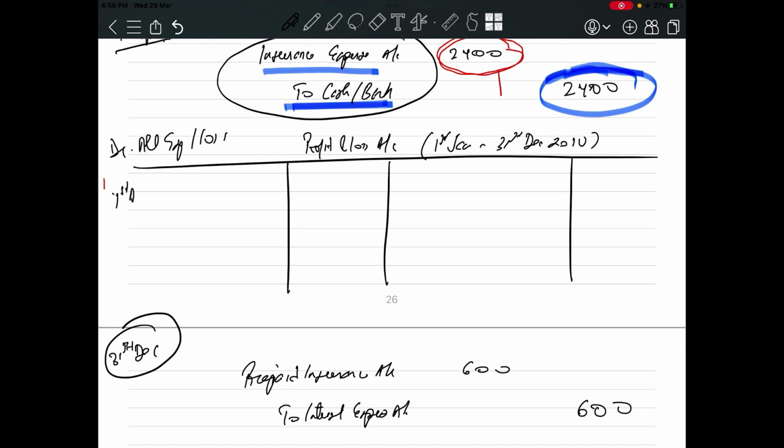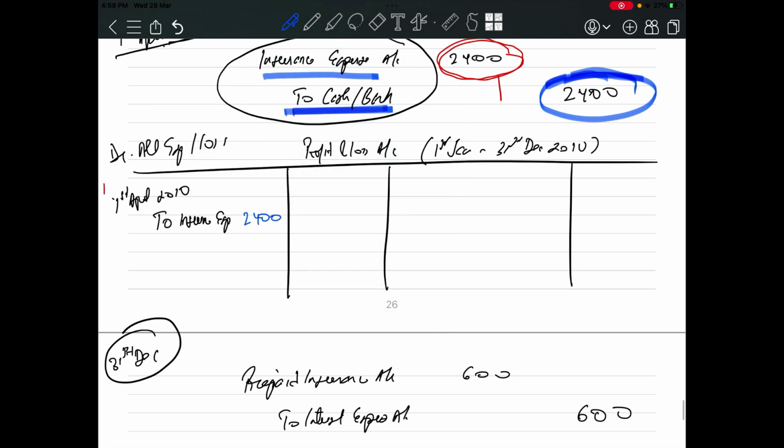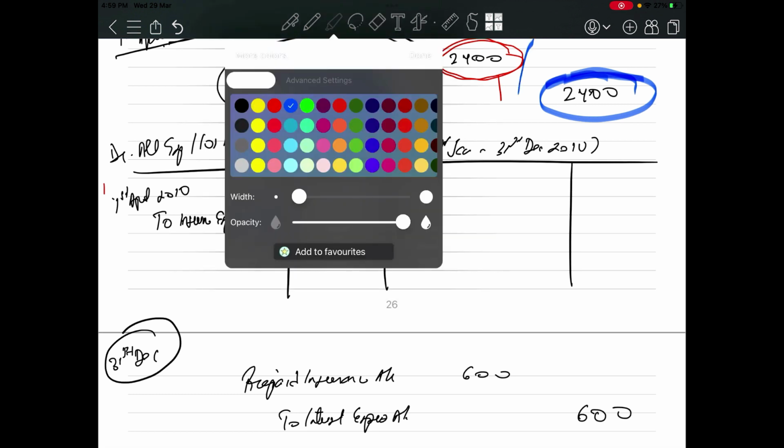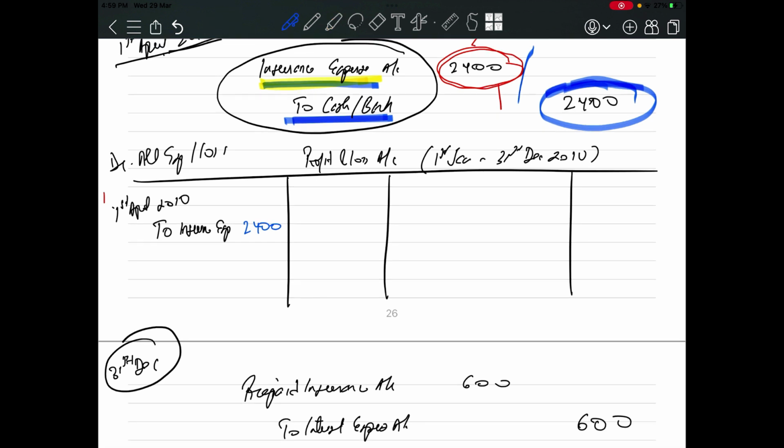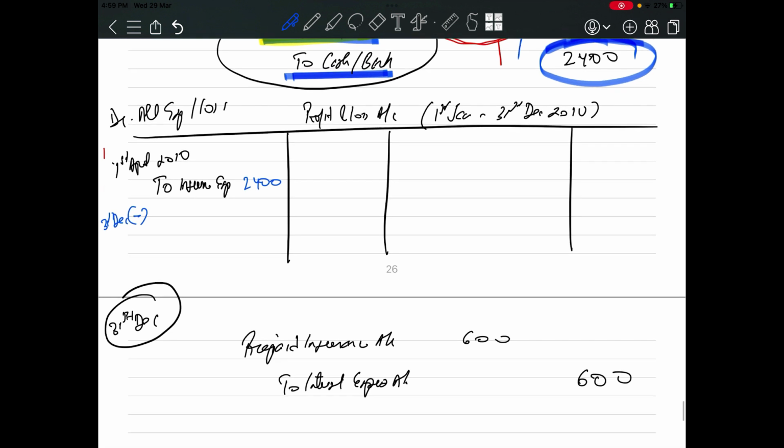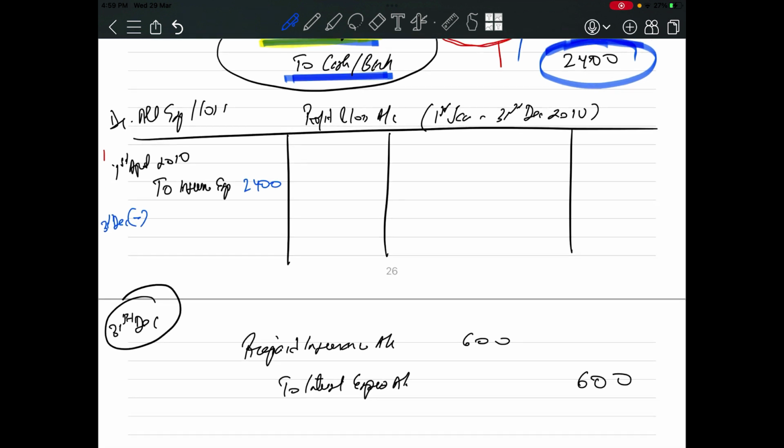Now on 1st April 2010 I will be debiting to insurance expense account with how much? 2400. Now at year end 31st December I'll have to reduce my expenses. I have to reduce my P&L. Because this P&L statement will only show the figures for the period 1st January to 31st December.